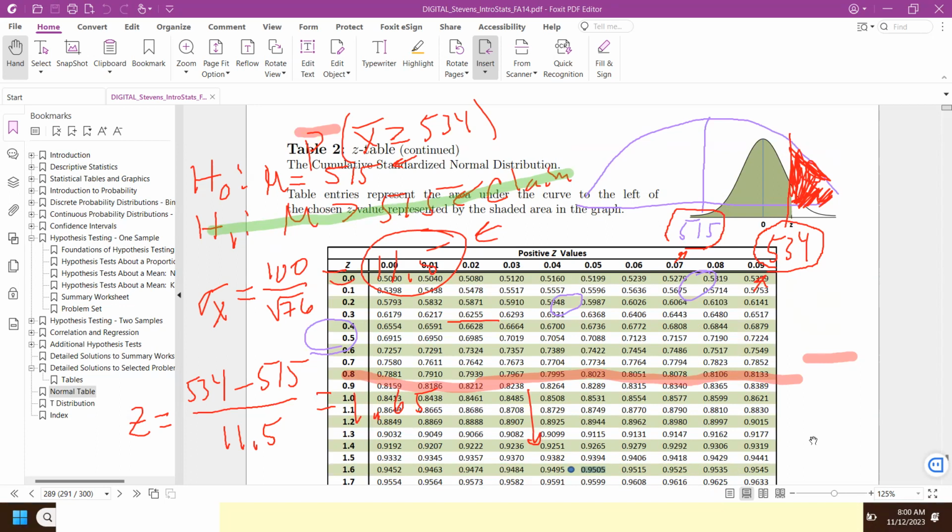So that's giving me 0.0495. So that's the p-value. That's that red area right here, right? That red area is 0.0495.